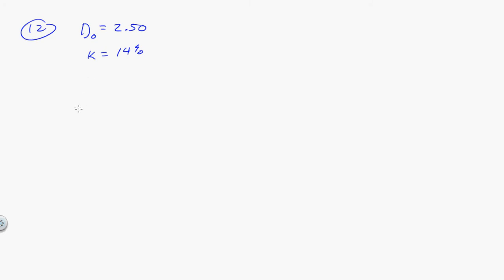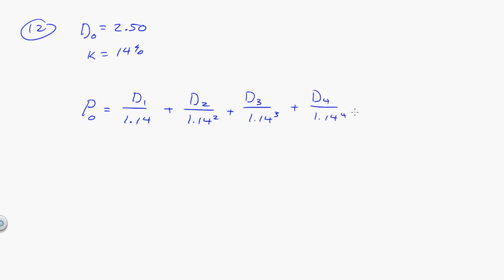Because it's going to grow for 4 years, P0 is equal to D1 over 1.14 plus D2 over 1.14 squared plus D3 over 1.14 cubed plus D4 over 1.14 to the fourth plus P4 over 1.14 to the fourth.